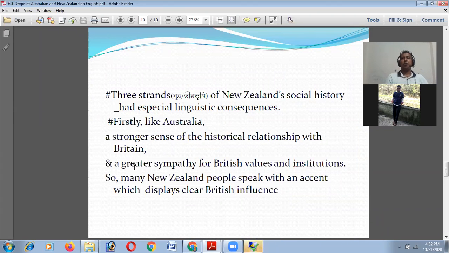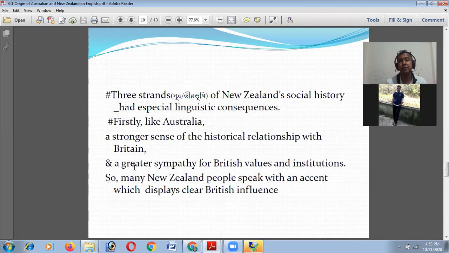Three strands of New Zealand's social history had a special linguistic consequence. So in the case of New Zealand, we see three historical strands of New Zealand English. One, like Australia, a strong sense of the historical relationship with Britain, because Captain Cook is the first man who went to Australia, and also to New Zealand, and a greater sympathy for British values and institutions.